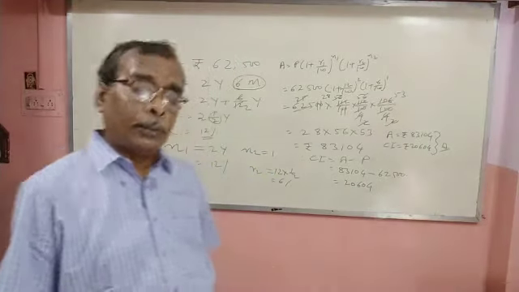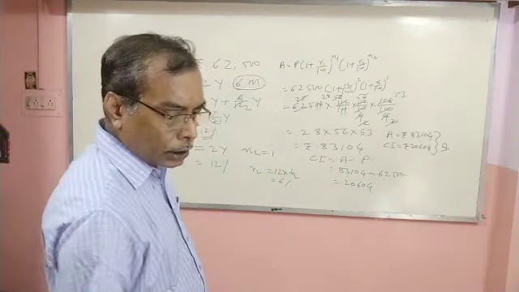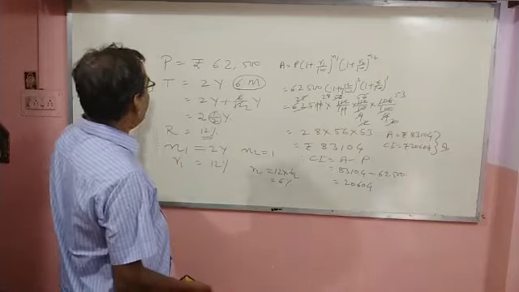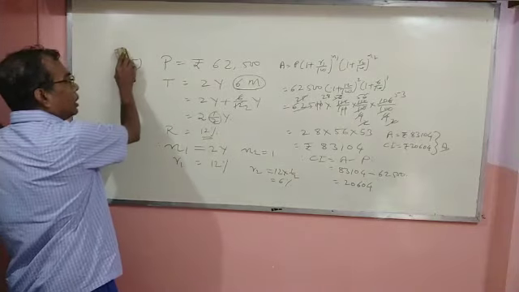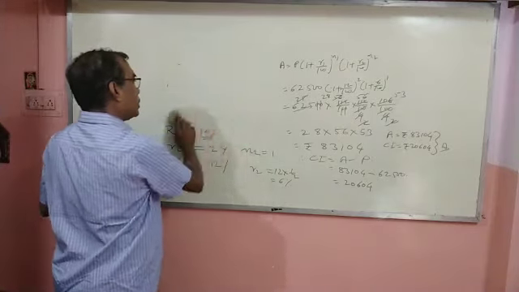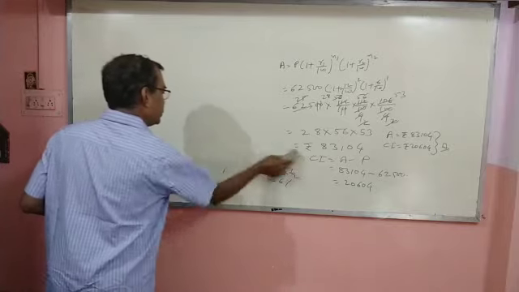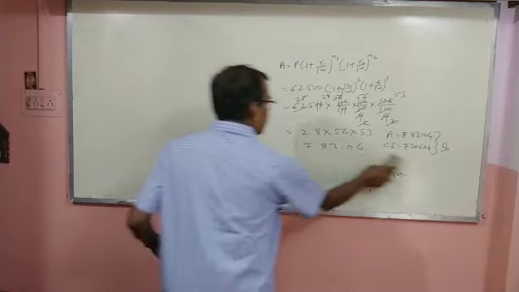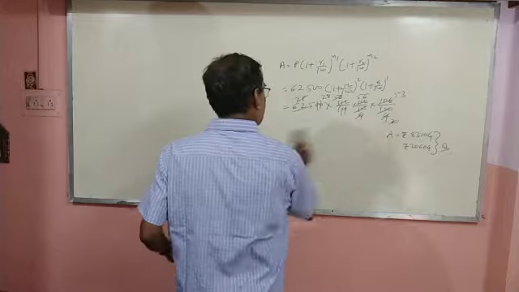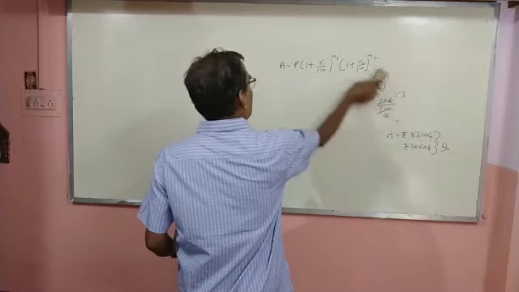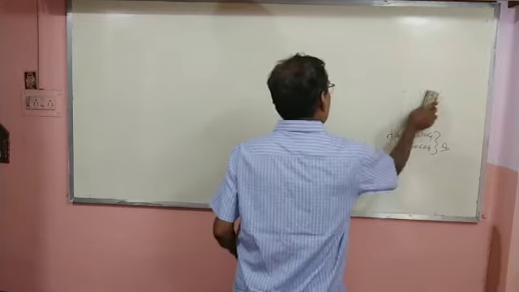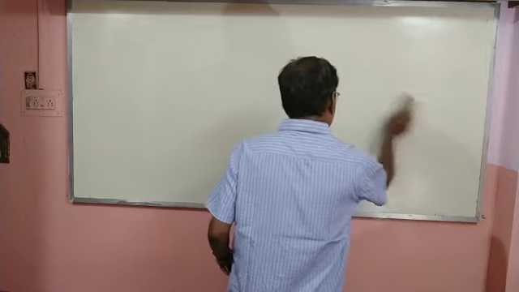So similar type of one more question I am going to solve now. Question number 5 solved. Now the very next question is question number 6. The similar type of question it is.